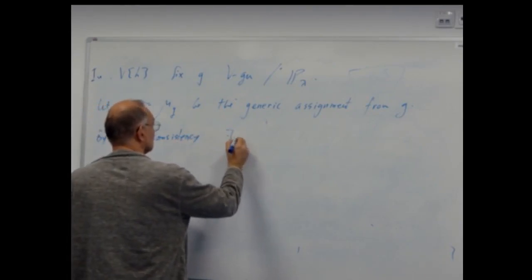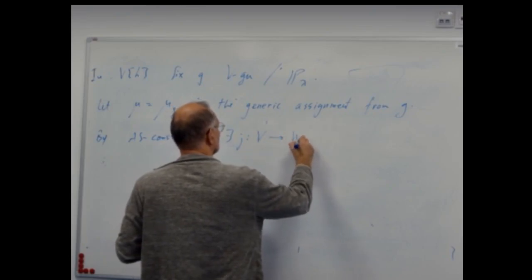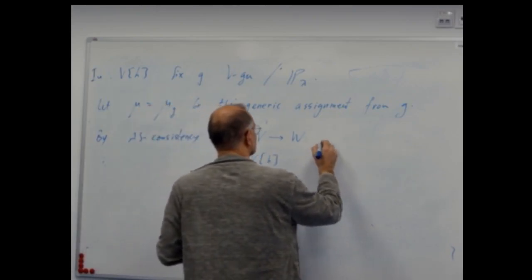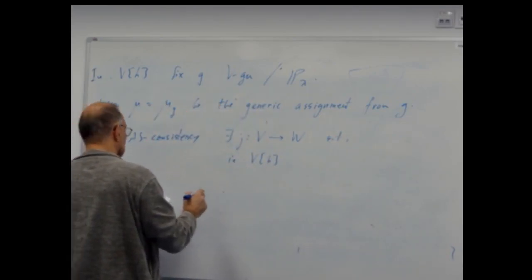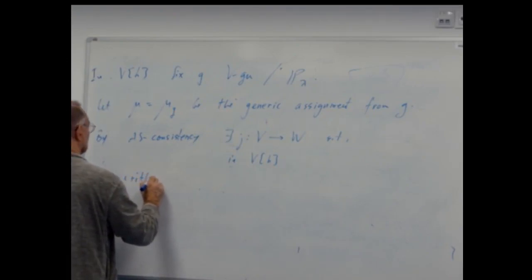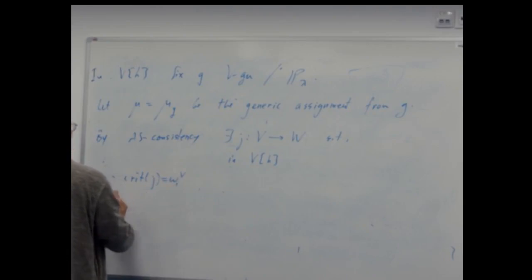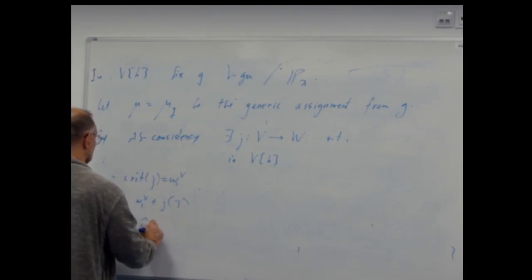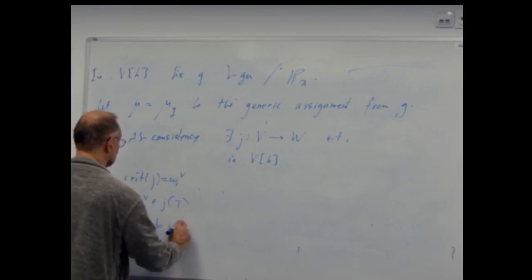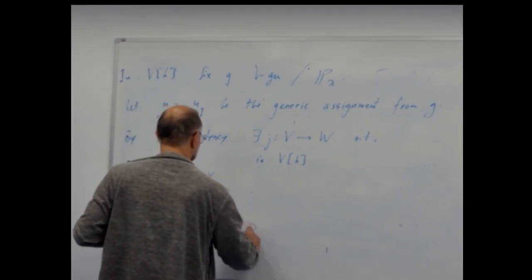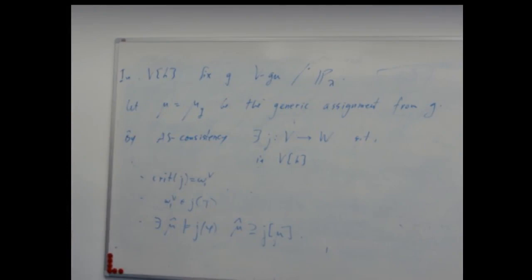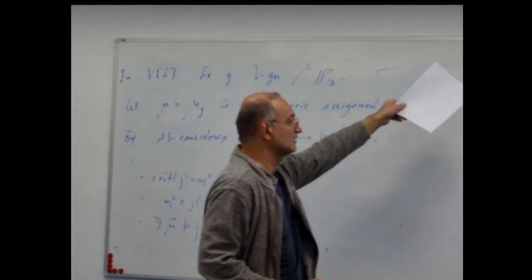There is J from V into W, which exists in this model V of H, such that a critical point of J is omega 1 of V, omega 1 of V is in J of T, and there is a mu hat that satisfies J of phi, and mu hat extends J of mu. T is stationary in V. That's the requirement, and this is done in V.